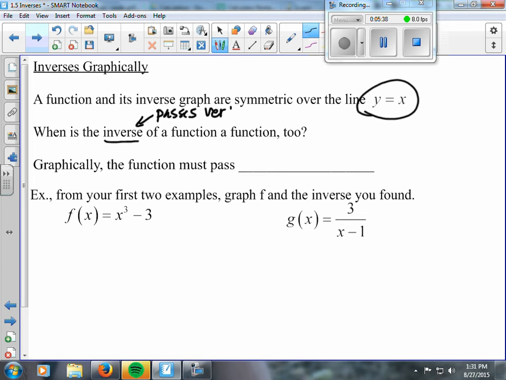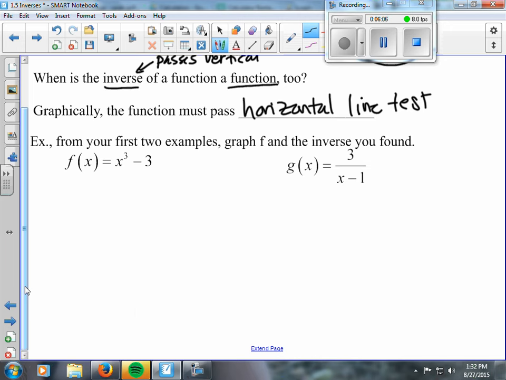So in order for the inverse to pass a vertical line test, the function itself must pass a horizontal line test. Because remember, we're switching x and y. And so in order to hit that vertical line only once, the horizontal line in the original equation must only hit the function once.